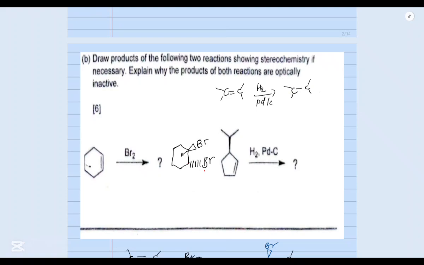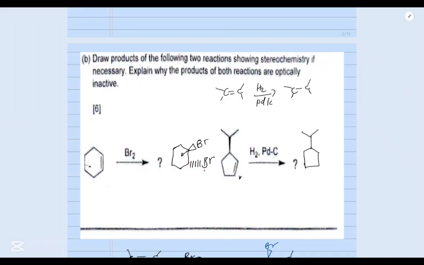The same scenario is going to be used in this question, meaning here the hydrogen will be just added here and here, and this double bond will go. So our product will be that. That's all. Meaning we're done with the question.